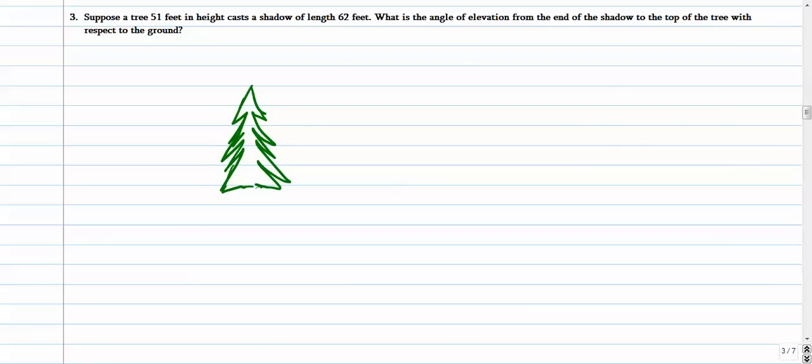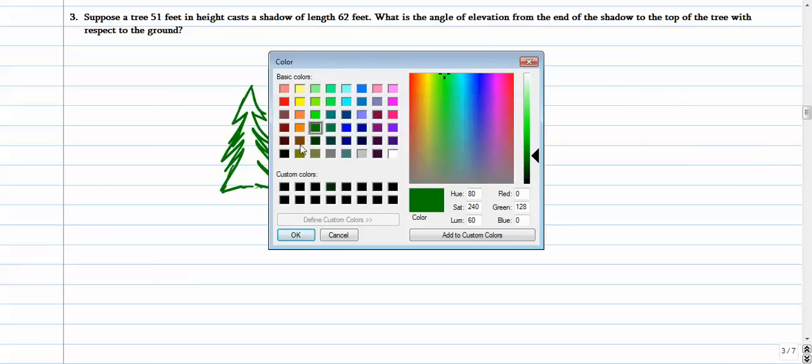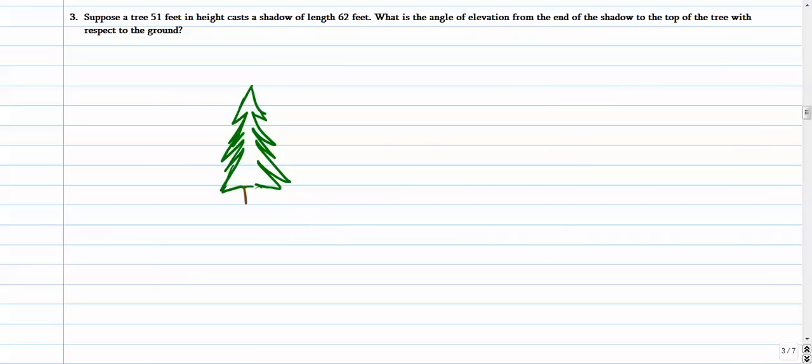We'll put a base on it. Let's put a base that is this brown. So the trunk is brown. That tree has a height of 51 feet. And that casts a shadow that is 62 feet long.